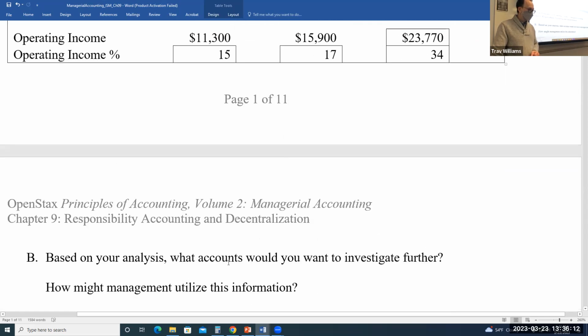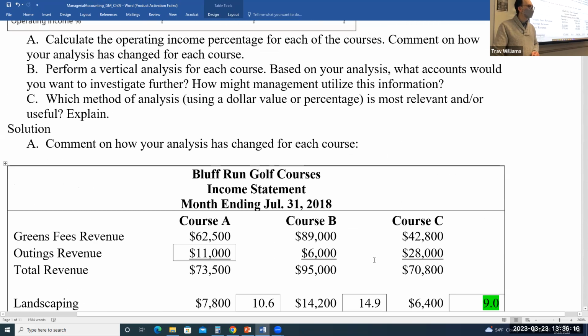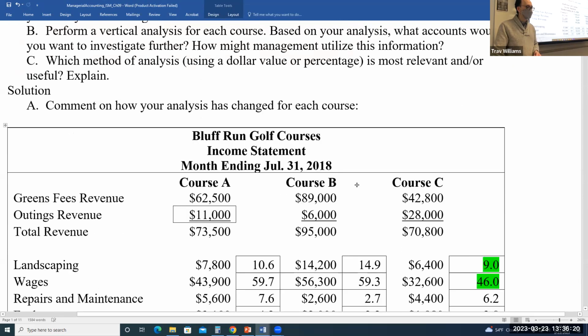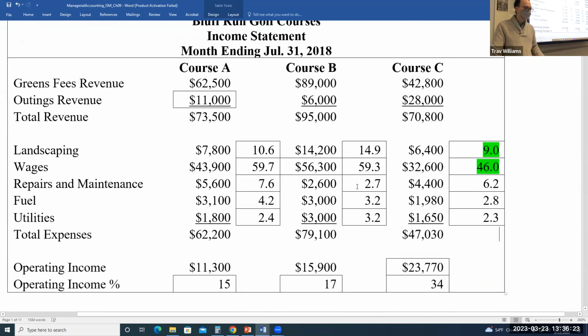So based on our analysis, what accounts would we want to investigate? Actually, did we comment on how our analysis has changed for each course? Well, as Ivan said, we can see that course C is doing a better job, or at least it has lower costs as a percentage.